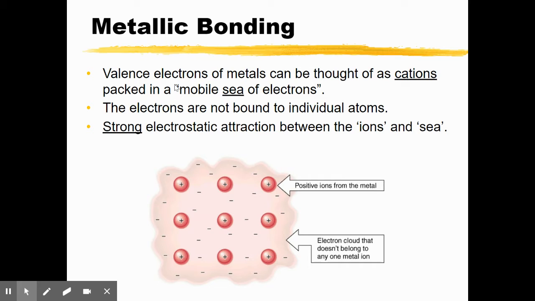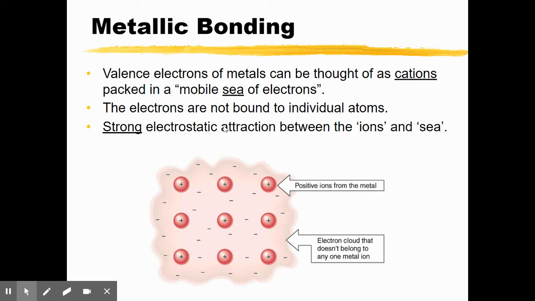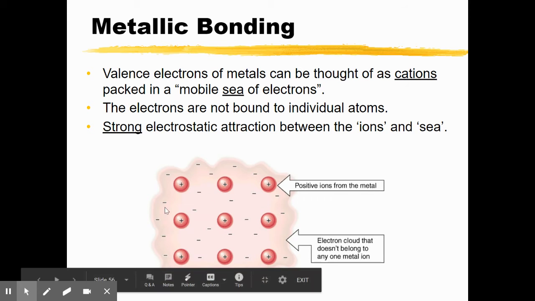So you could describe this as valence electrons in a sea of mobile electrons. The cations are surrounded by this fluid electron wave, if you will. And the electrons are not bound to any individual atom. It's just kind of fluid surrounding the cations.